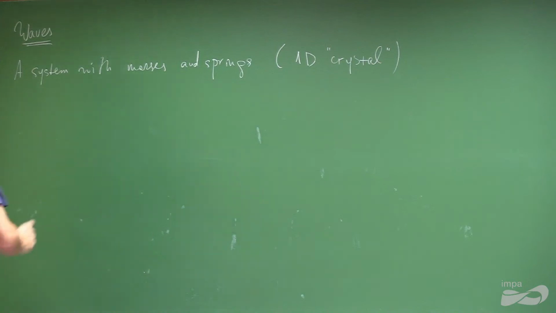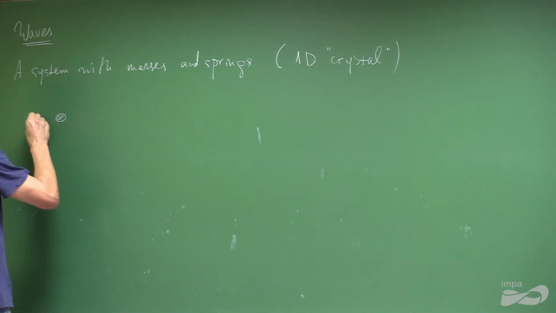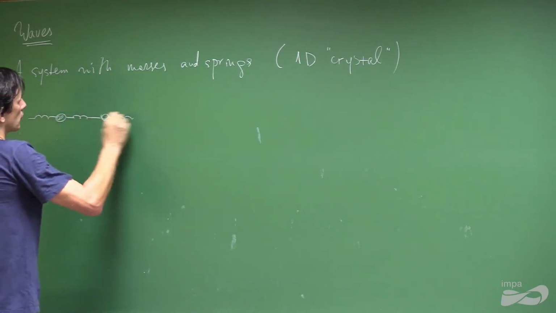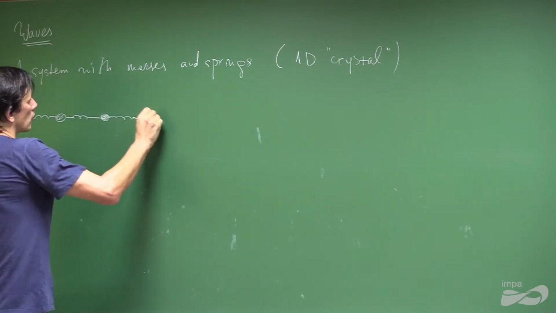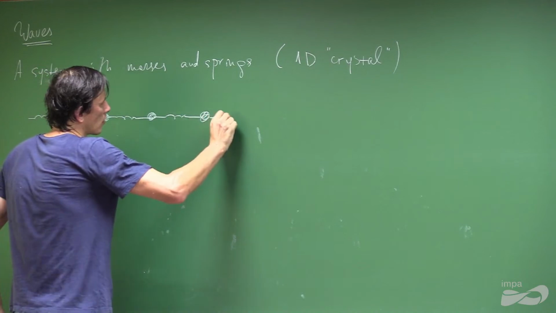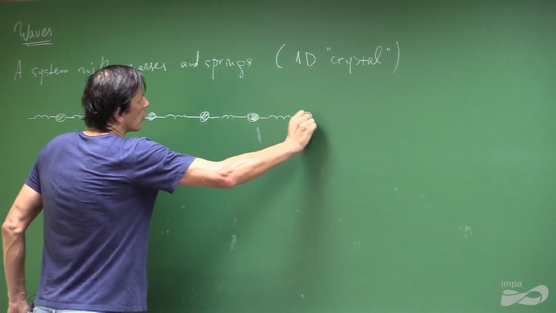So what the system is, is that we have equal masses connected by springs, and so on.